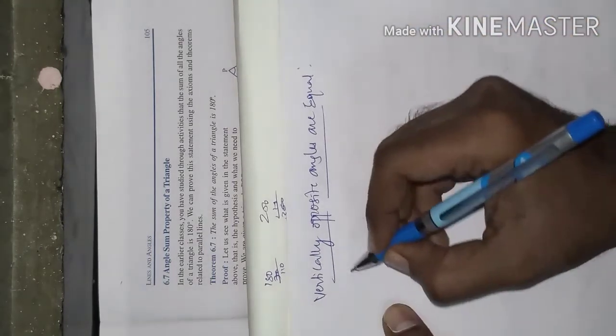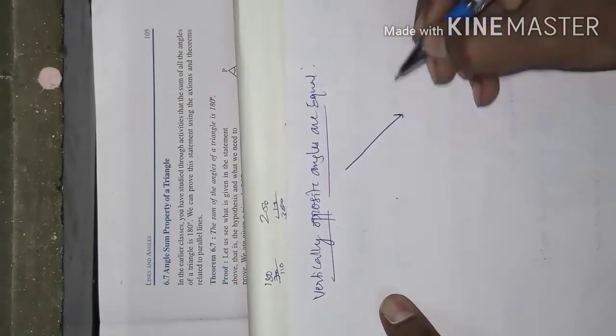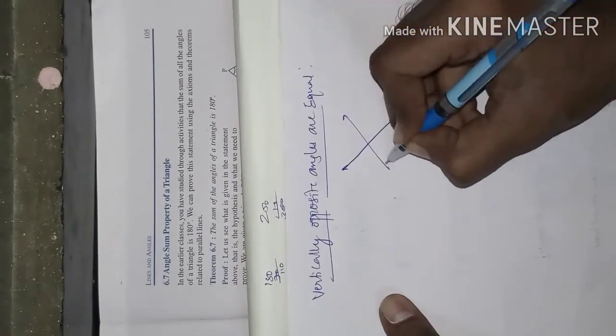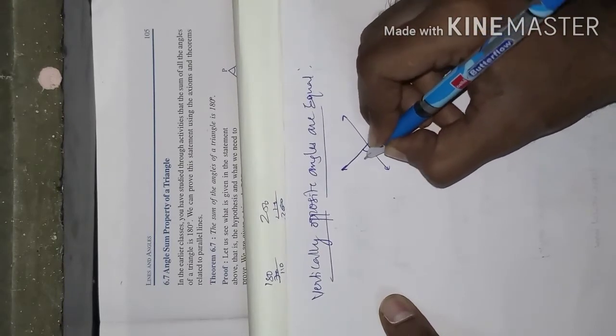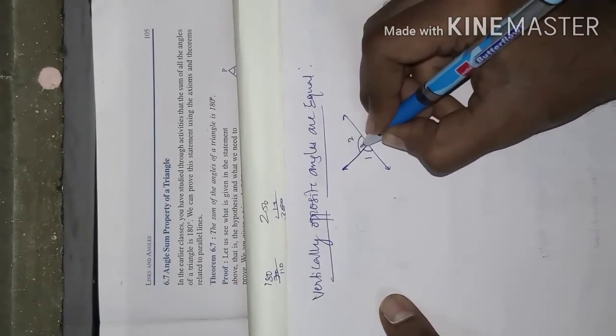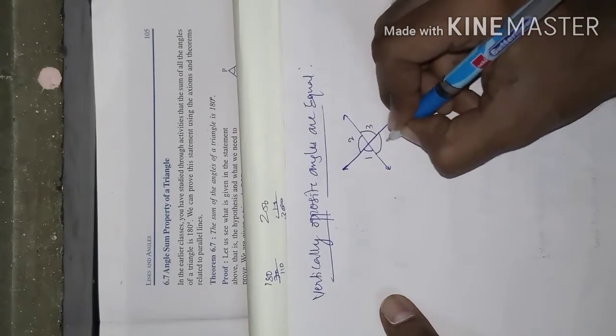So let me draw the two lines. I will mention angle 1, angle 2, angle 3, and this is angle 4.